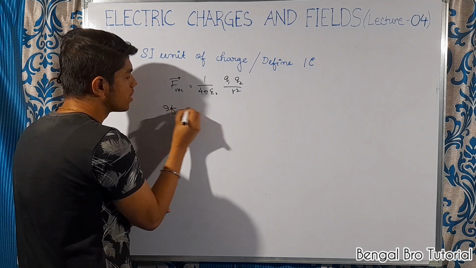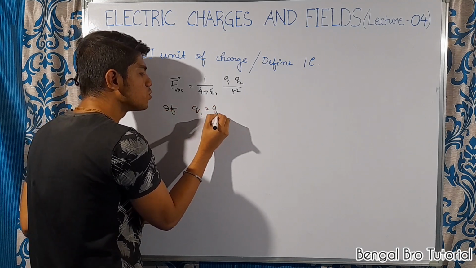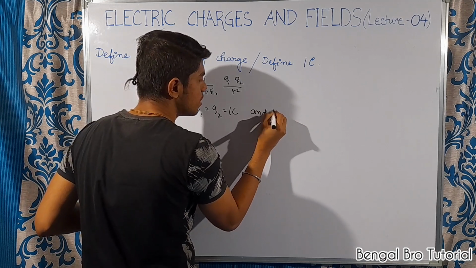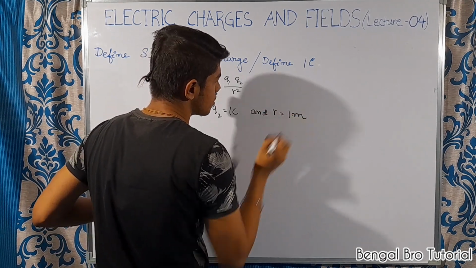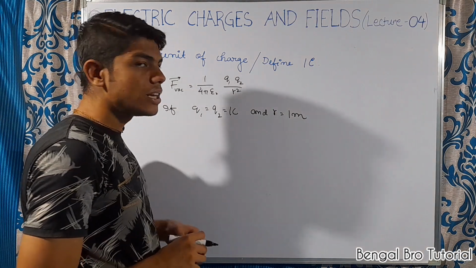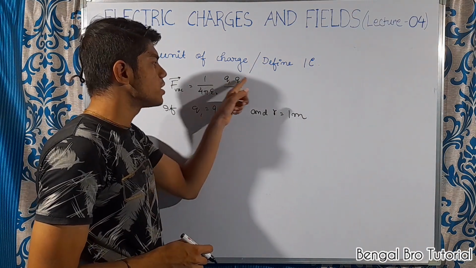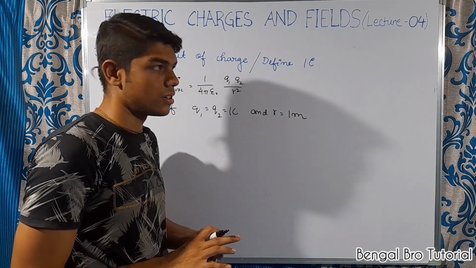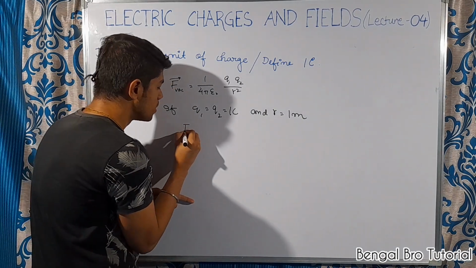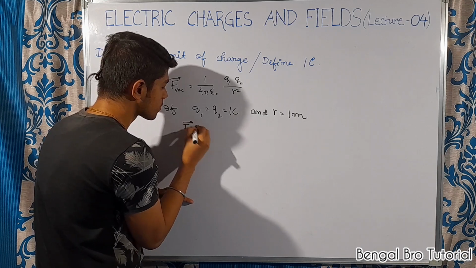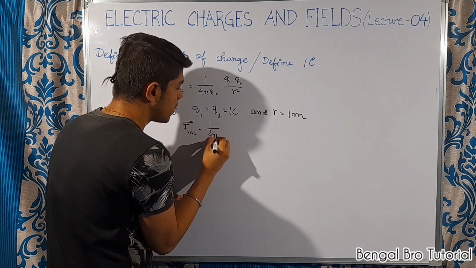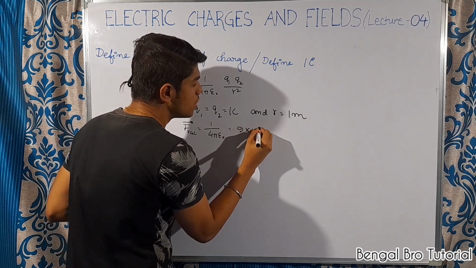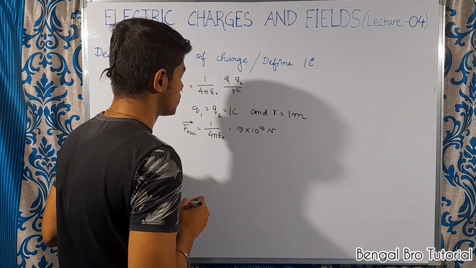If q1 is equal to q2 is equal to 1 Coulomb and r is equal to 1 meter, which means that the magnitude of charge in q1 and q2 is equal to 1 Coulomb and they are separated by a distance of 1 meter, then F in vacuum is equal to 1 by 4 pi epsilon naught, which is equal to 9 into 10 to the power 9 Newton.